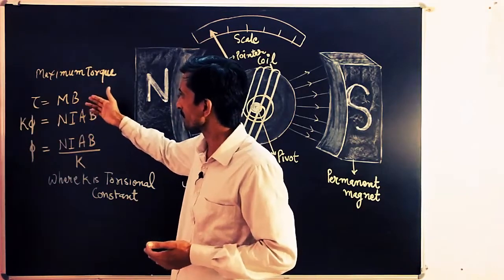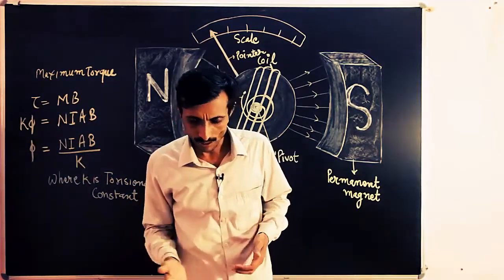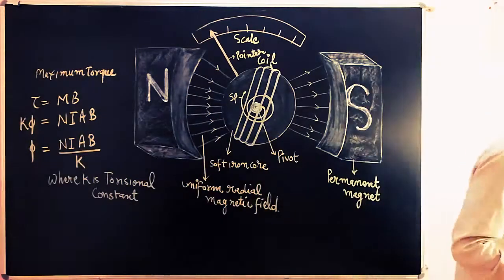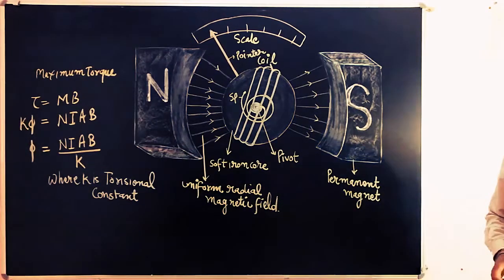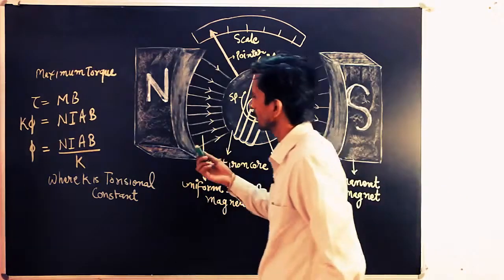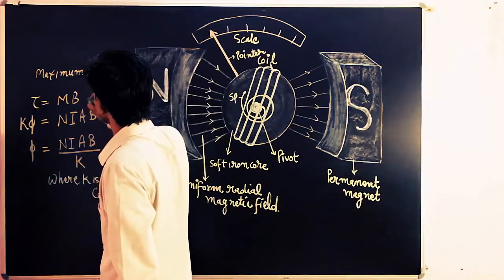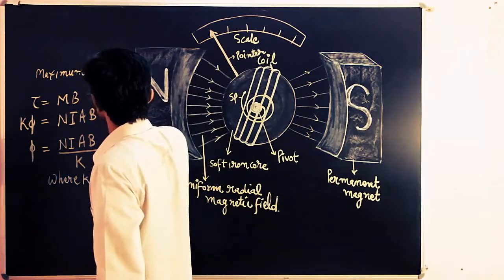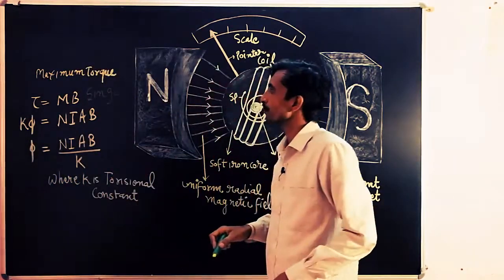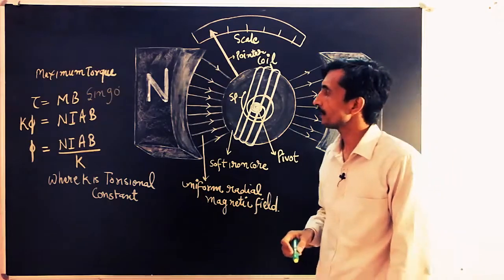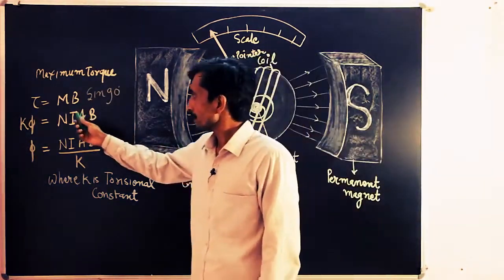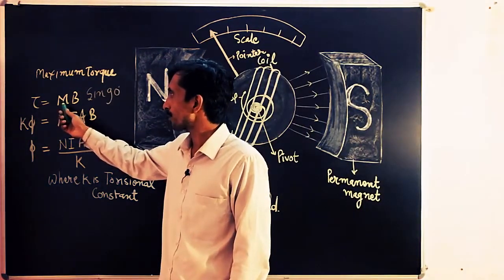We can put sine 90 for our maximum value. This is the maximum value of the torque.